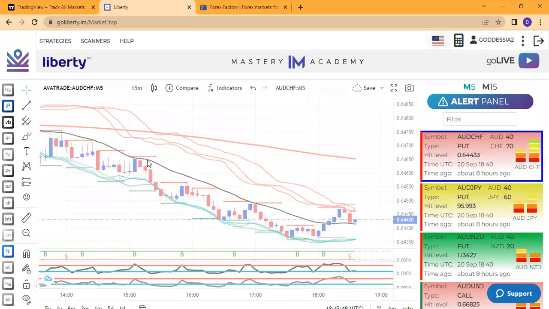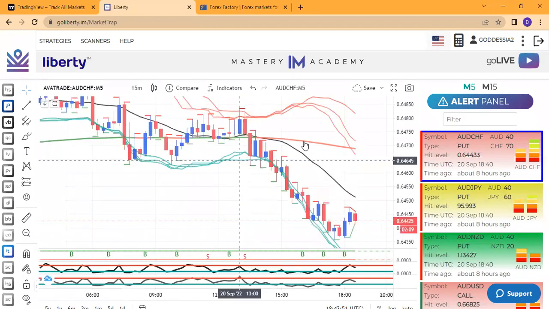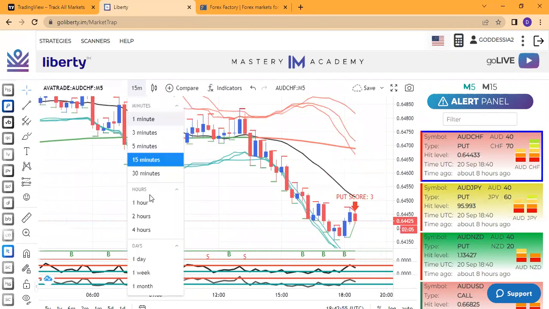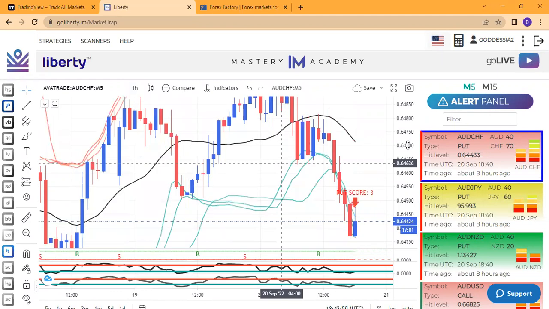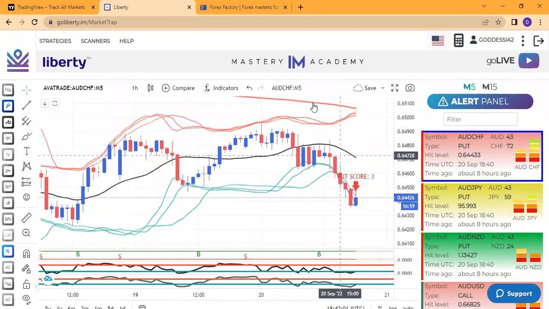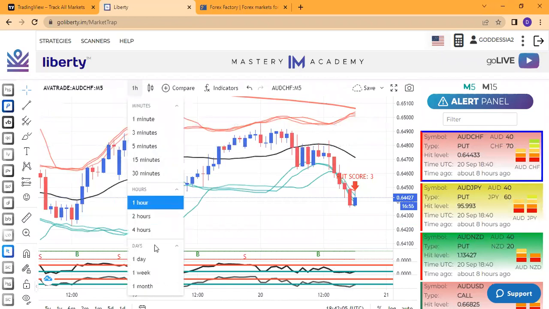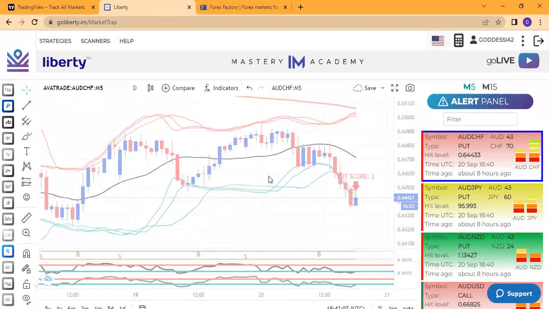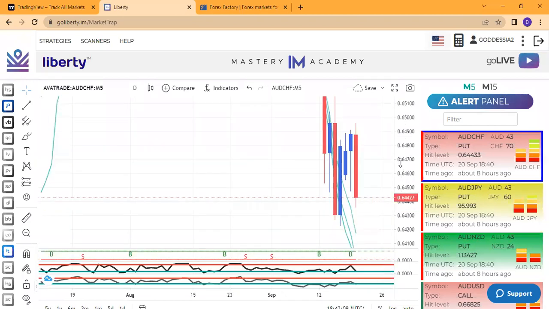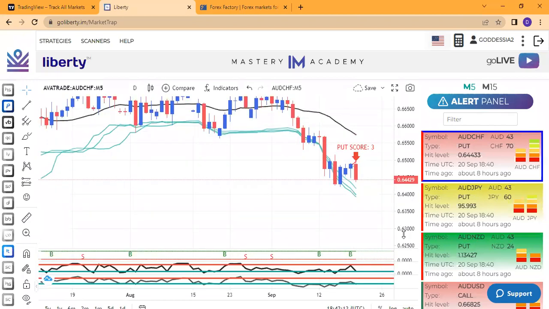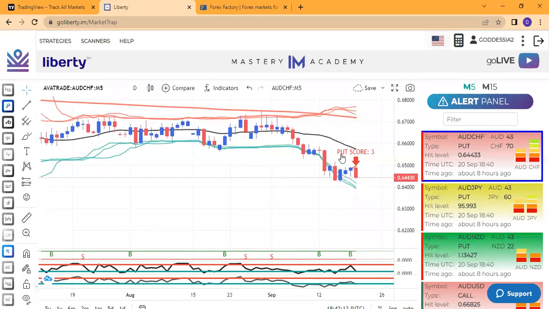On 15 minutes, the super trend is above, the EMA is above. On hourly, the super trend is above, the EMA is above. On the daily, the super trend is above, the EMA is above.